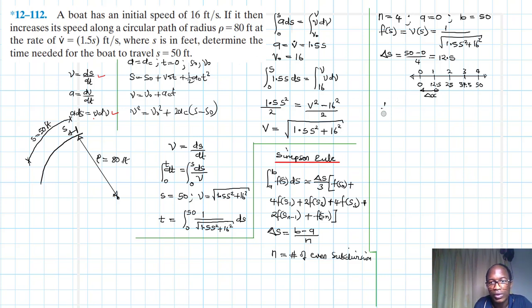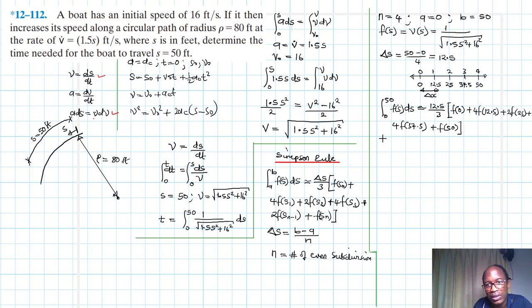So we are saying integral from 0 to 50 of f of s, which you already know, is approximately equal to 12.5 divided by 3, and then we have f of 0 plus 4 f of 12.5 plus 2 f of 25 plus 4 again f of 37.5, and then finally just f of 50 without any coefficient.